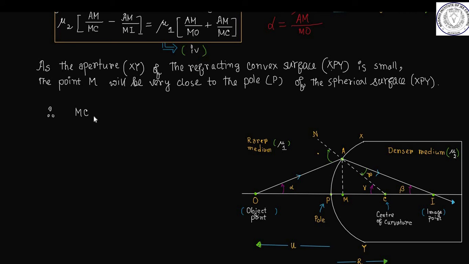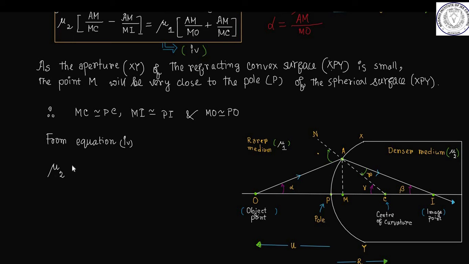Therefore, in place of MC we can write PC, where P is the pole of the refracting surface. In place of MI we can write PI, and MO is approximately equal to PO, because the two points M and P are very close to each other for a small aperture of the convex surface.